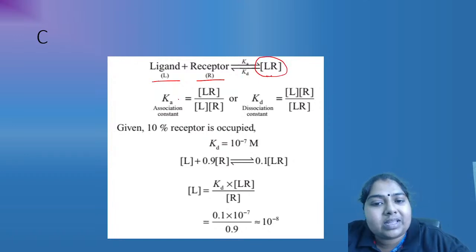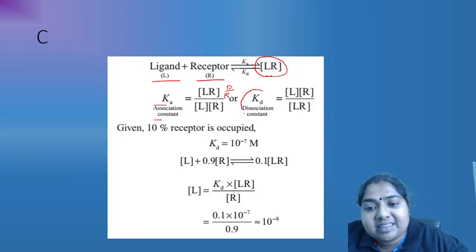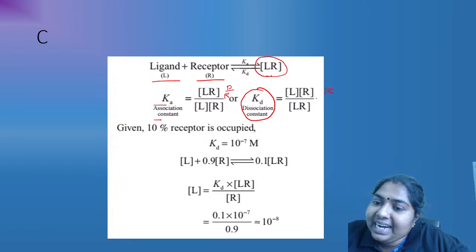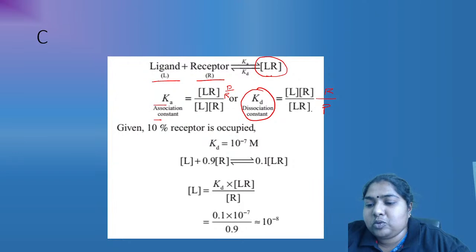So what is going to be the association constant? Product by the reactant. Yes, Kunal. So if it is a dissociation constant, it should be reactant by the product. Okay. So now they have given the Kd value. This value is known.